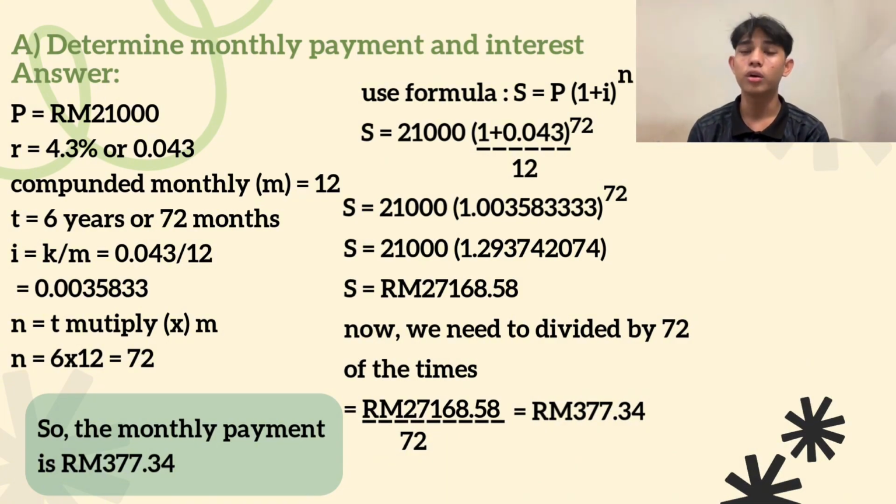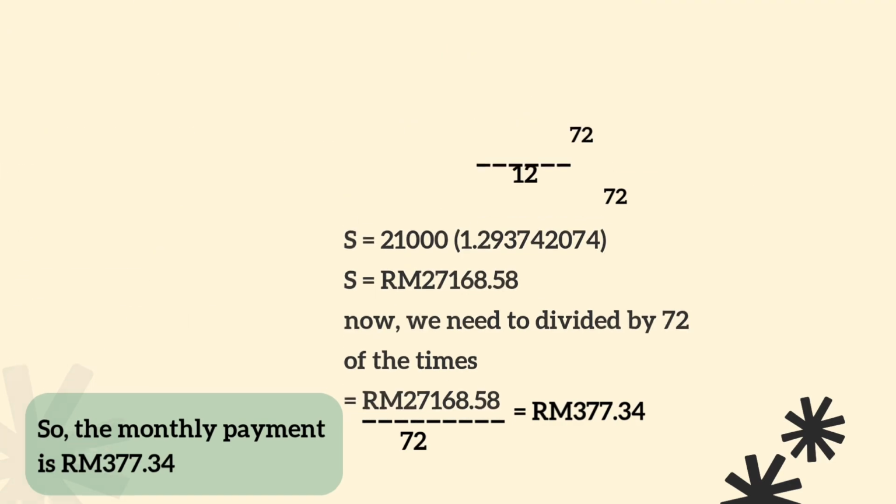The S we got is 27,168.558. Now we need to divide it by 72, the number of months. 27,168 over 72, we will get 377.34. That's the answer for the monthly payment.